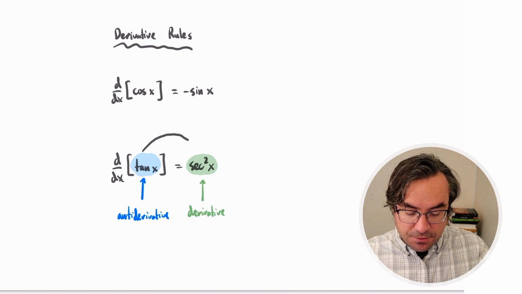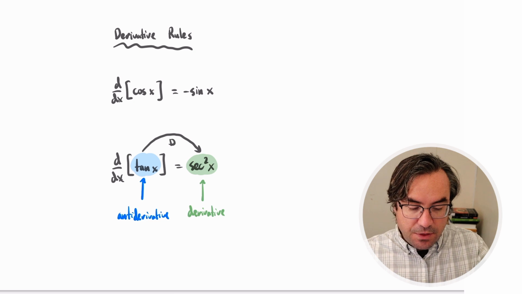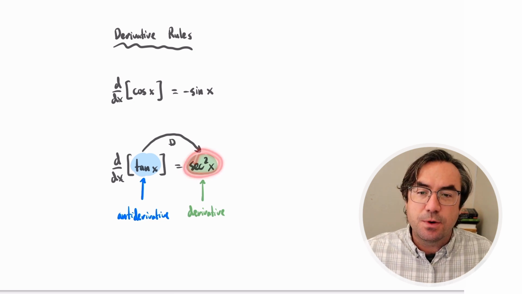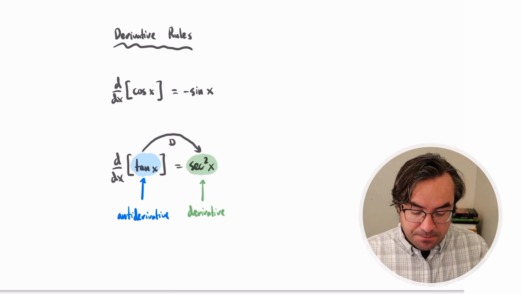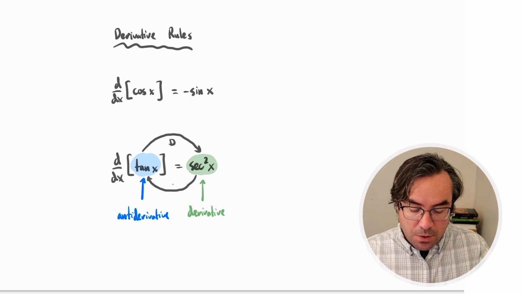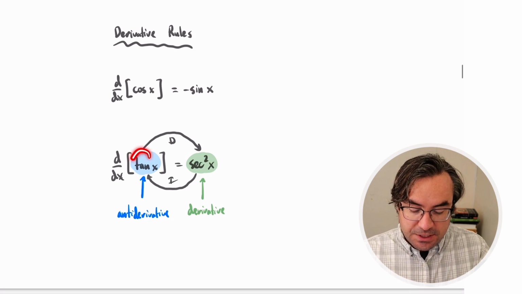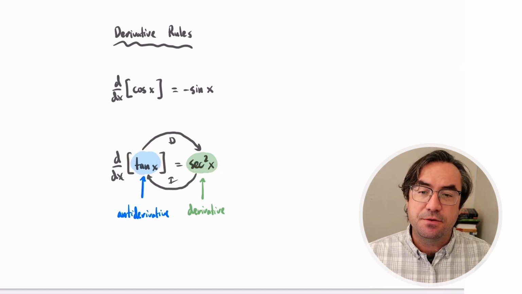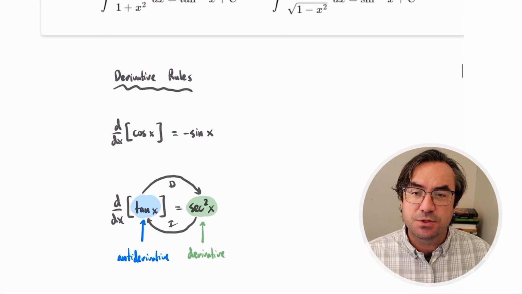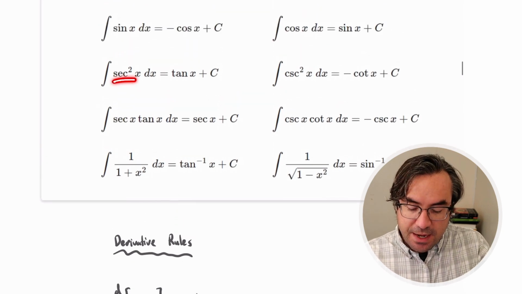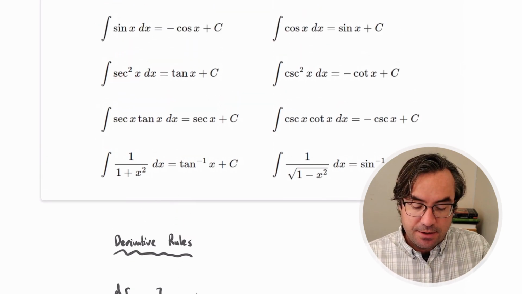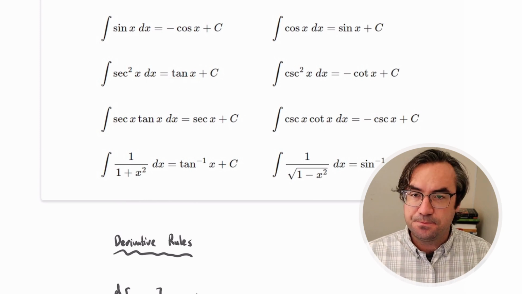If we're reading it this way, then yeah, secant squared is the derivative of tan. But if we read it the opposite way, well, tangent is the antiderivative of secant squared. And that's precisely what we're seeing right up here. The antiderivative of secant squared is tangent x.